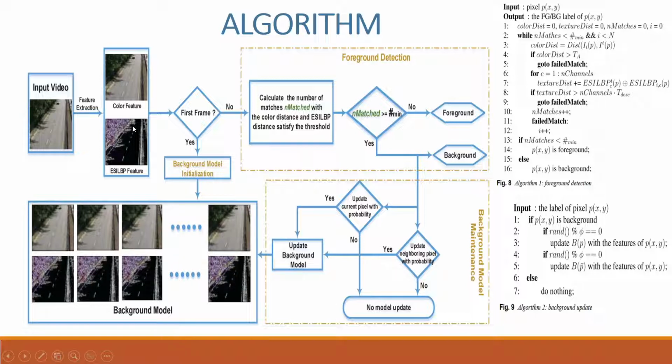For each pixel, we calculate the ESLBP and color features and store them in a new array. Whenever a video is given as input, the first frame is always assumed to be a background frame. It would not have any foreground objects in it. It consists only of the background.